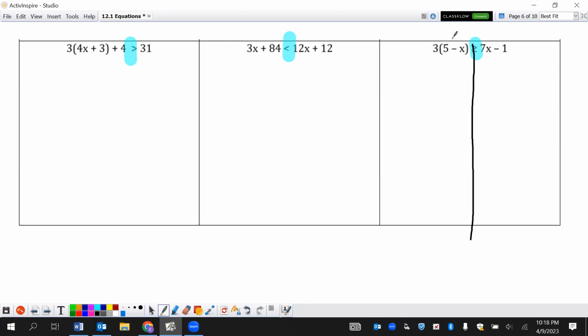So I have parentheses in this example, so I'm going to multiply. 3 times 5 is 15, and then 3 times negative x is negative 3x. I'm going to keep the symbol and then bring down the 7x minus 1.